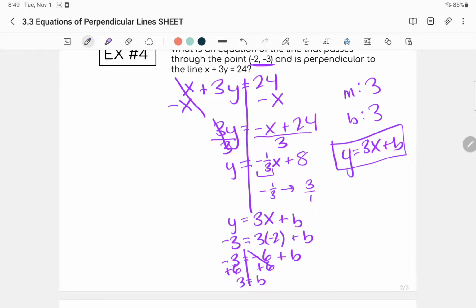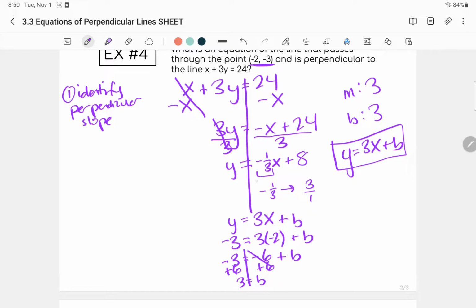But step 1 is to identify slope, identify perpendicular slope. That's what we did first, after I reworked it and maneuvered it so that it's y equals, so it's in slope-intercept form.